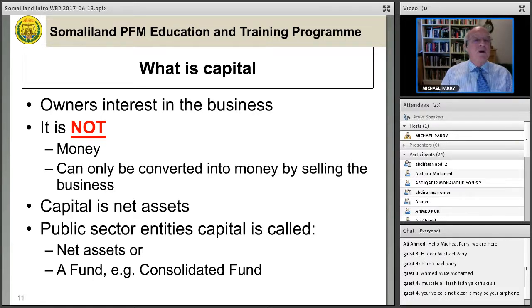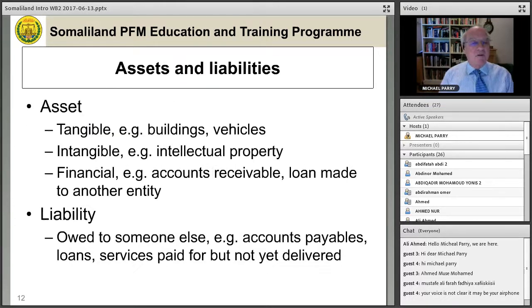Capital is not money. It can only be converted into money if you sell the business. Capital is the net assets of the business, and in fact, for public sector entities, you often simply refer to net assets rather than capital, or alternatively, sometimes you refer to funds, for example, the consolidated fund. They mean the same thing as capital.